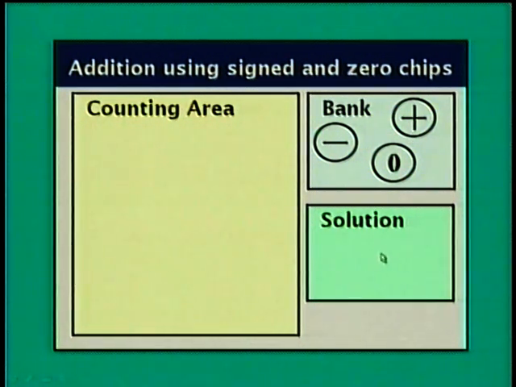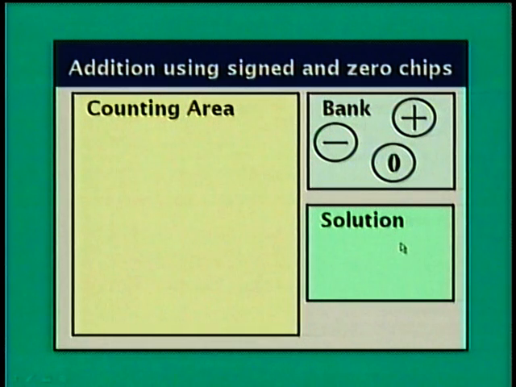And then I have this area down here where I'm actually going to write the result of the addition, what you would write on your paper. The chip model is simply to help you understand. It's not work that you would show when you were working the problem. That's why I've got this clearly identified solution area, so you clearly see what you would write when you were presented with a problem.